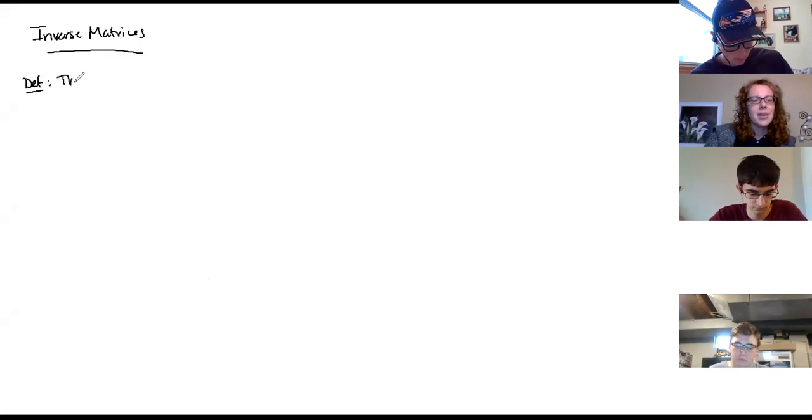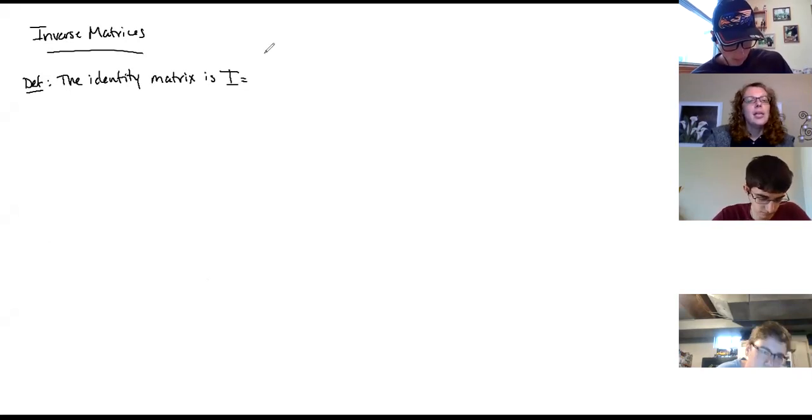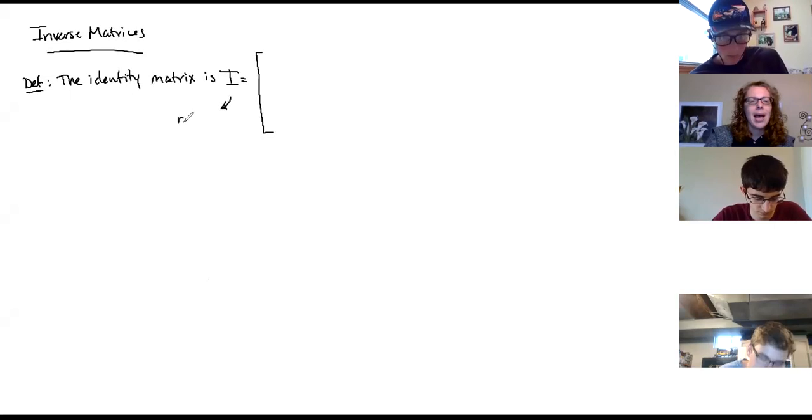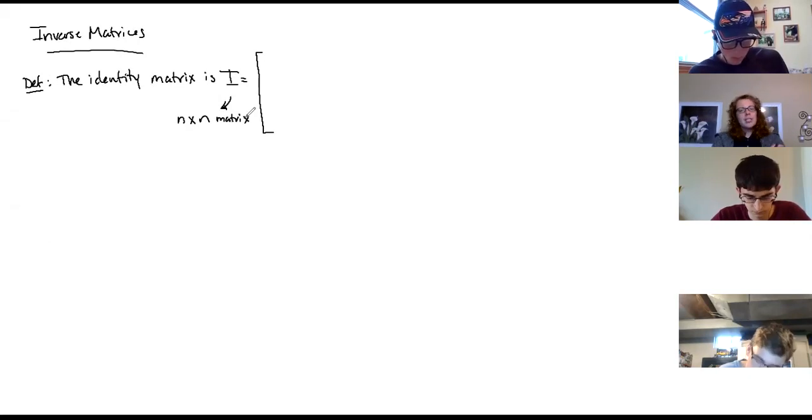The identity matrix is denoted by capital I. It is going to be an n by n matrix, so it is always square. A matrix is square if it has the same number of rows and columns. Okay, so this is a square matrix.